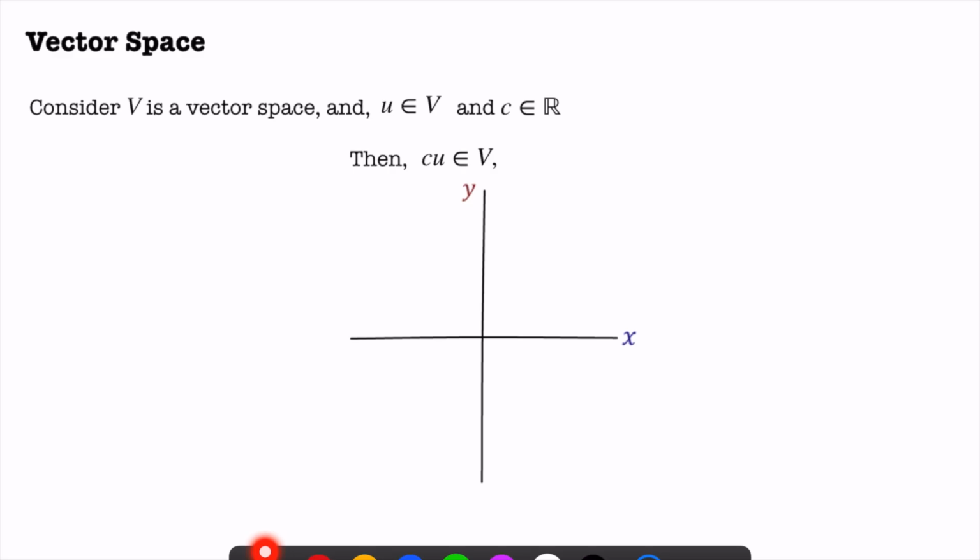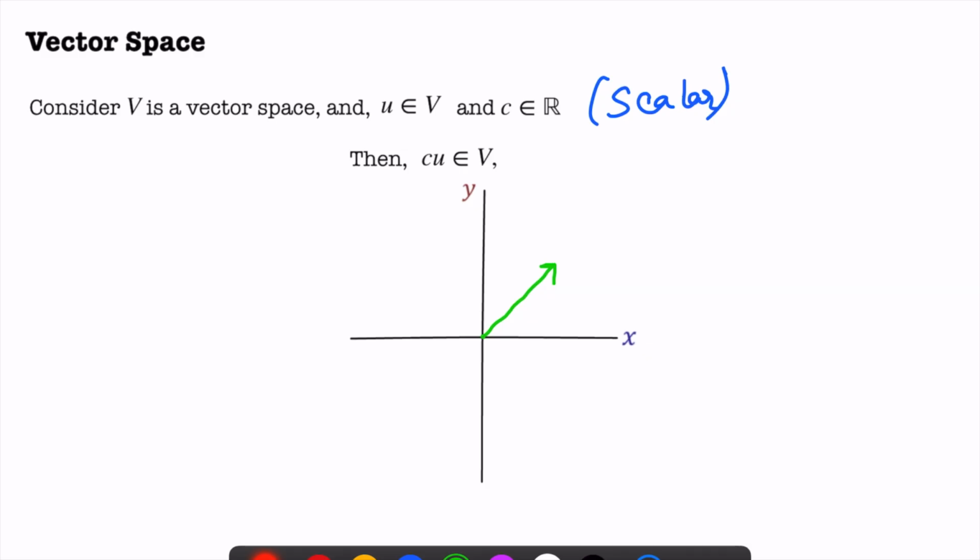Next is, consider this capital V is a vector space and u is one vector in that space. c is one scalar. c is in R means c is a scalar. Then cu should belong to this vector space. So consider this vector, right?